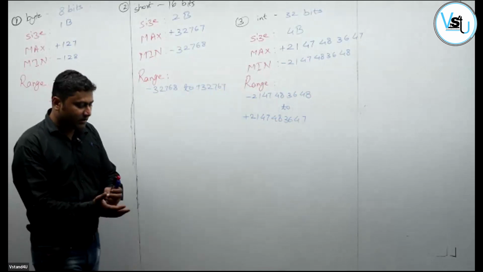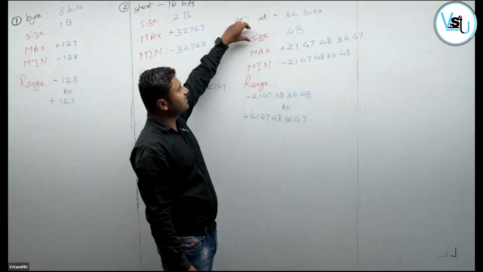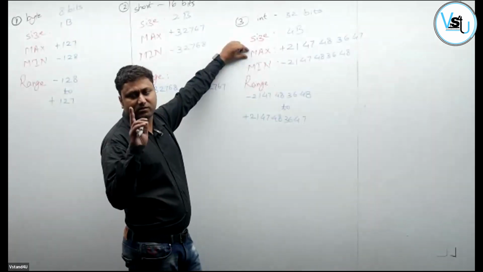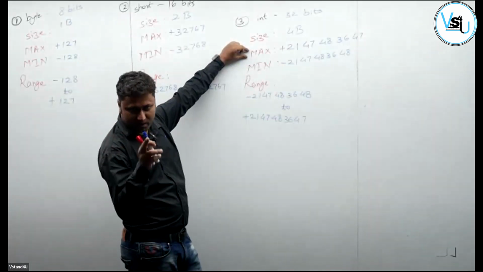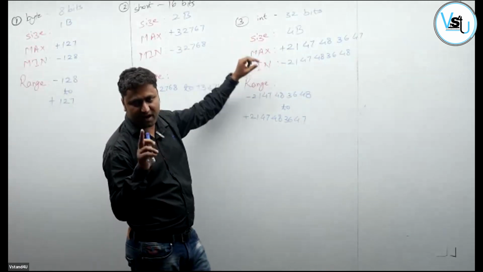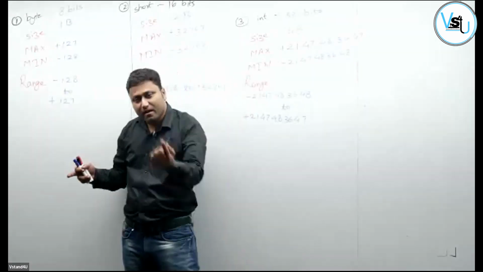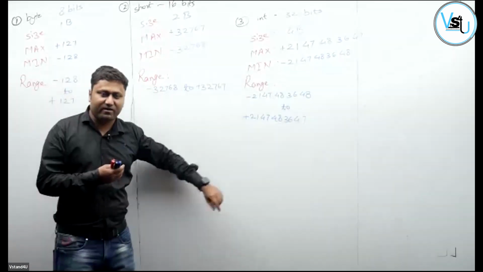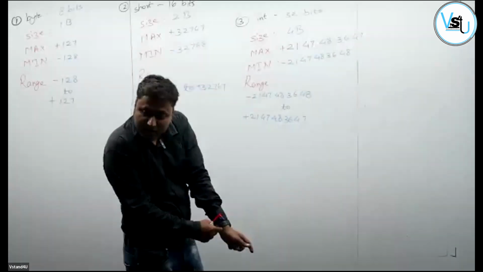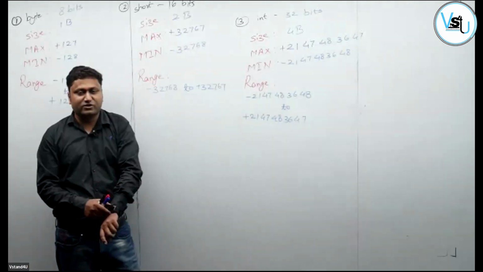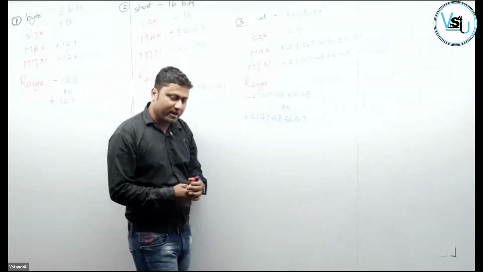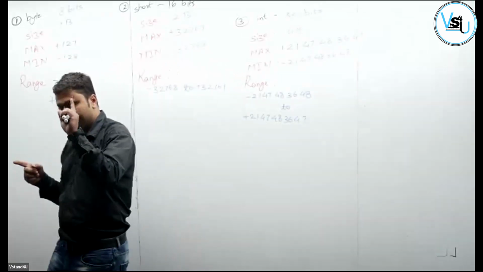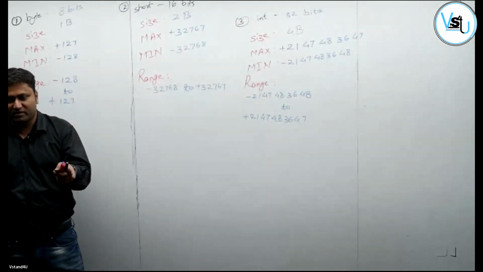Once again: as part of integer, size is 4 bytes, maximum number allowed is 2147483647, minimum is minus 2147483648. Perfect.